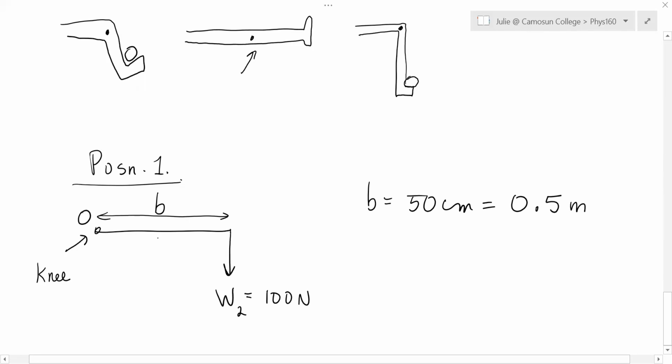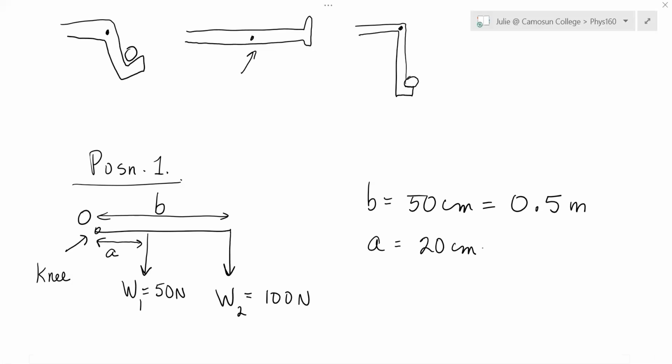And then you've got your lower leg, the center of mass of your lower leg, not necessarily in the center here, but they tell you where it is. So the weight of your lower leg, which your quad also has to lift up, is a distance A from your knee. So that's A, and they tell you that that distance is 20 centimeters. So it's a little bit closer to your knee than halfway down. That's of course because your calf is a little bigger there. Okay, and so that's 0.2 meters.